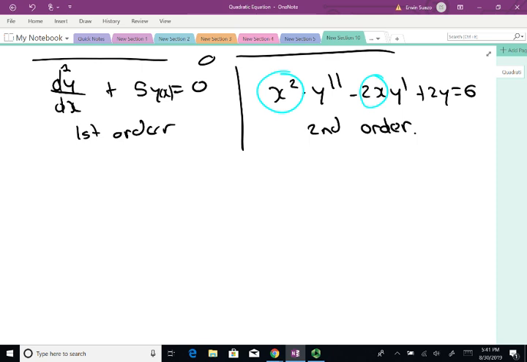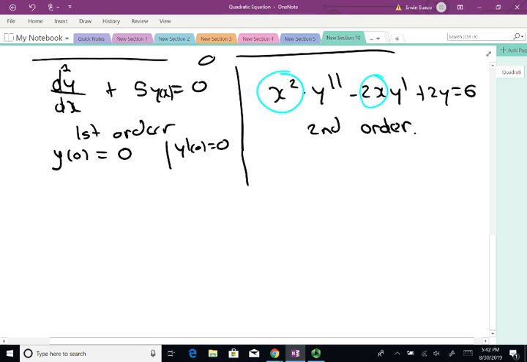But when you have first order, you just need one extra condition. Let's say y of 0 equals 0, right? And here you will have more conditions. Or you could have y prime of 0 equals 0. So either way is enough for the first order. For second order, you need two conditions.